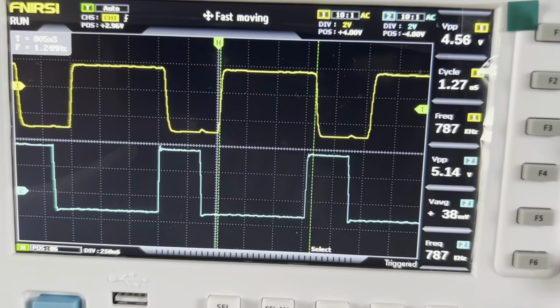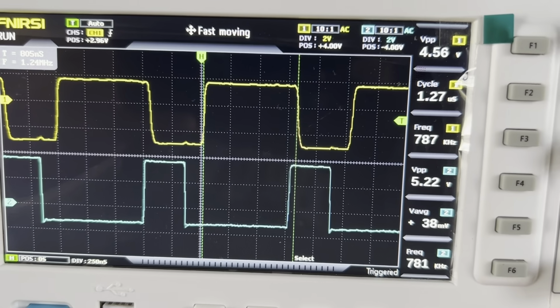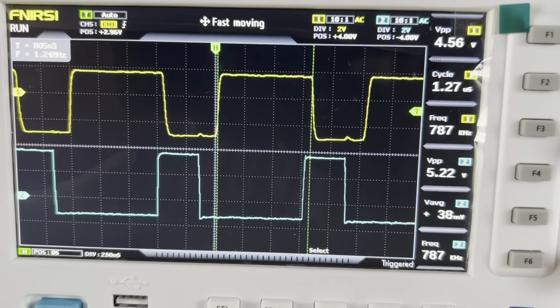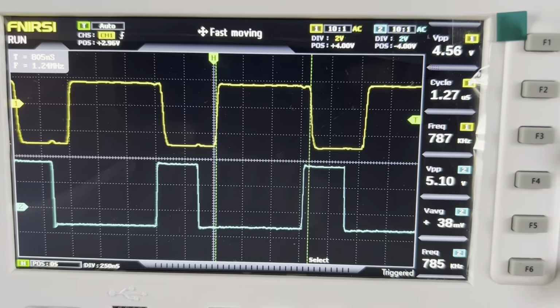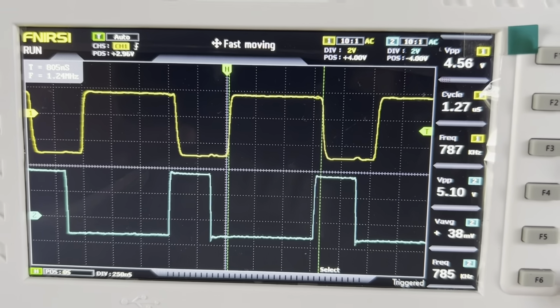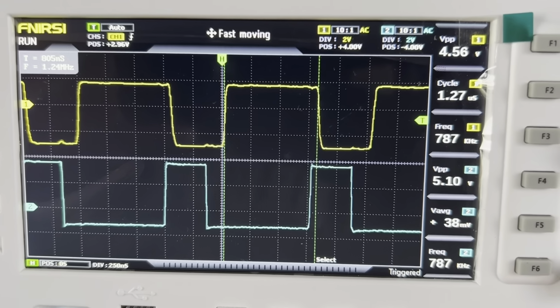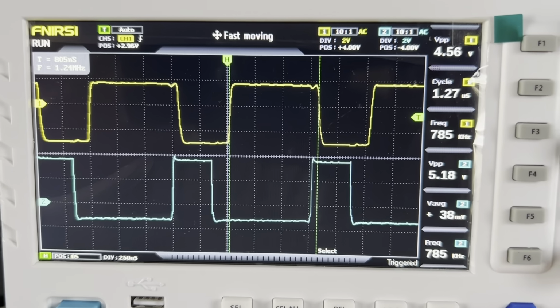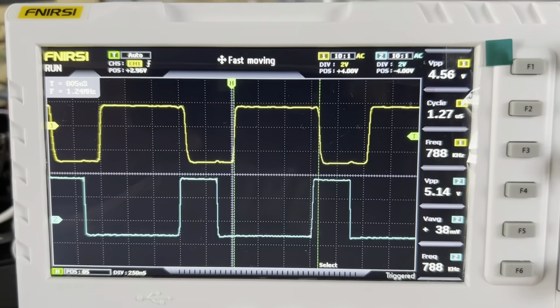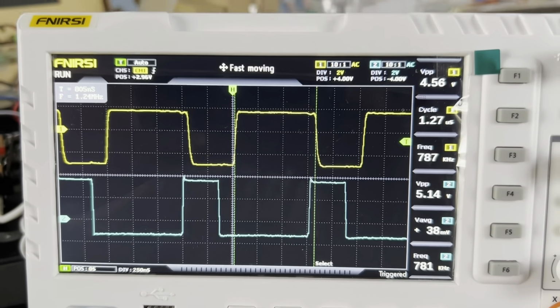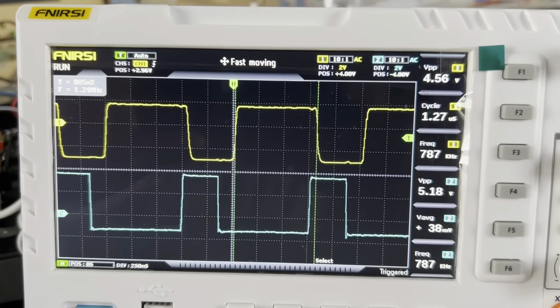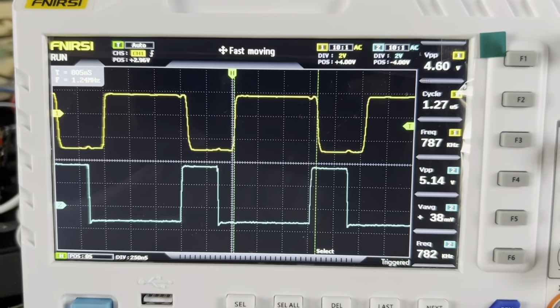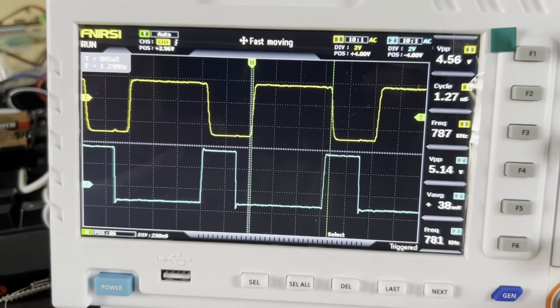The only problem is that the rise of the leading edge, the front edge of the clock on the low pulse, is not synchronized with the clock on the high pulse. And I want them to be synchronized. So I was trying to delay the second circuit, the low pulse one, by a little bit.